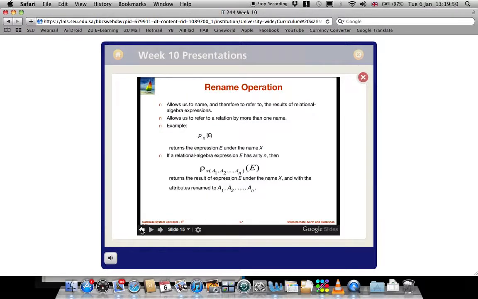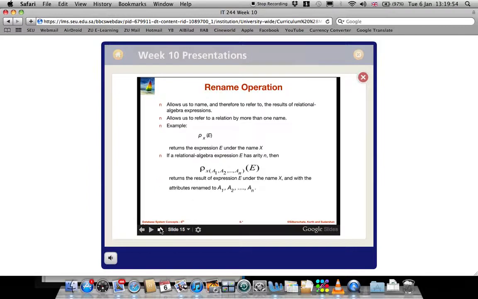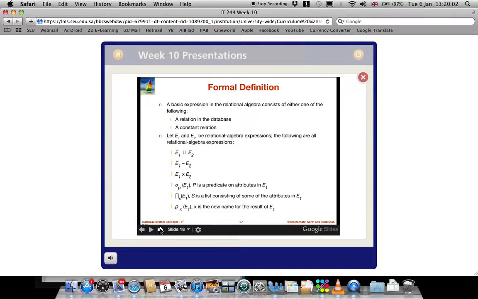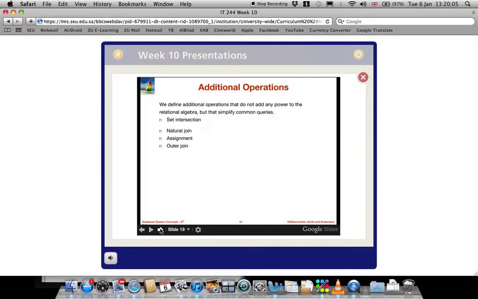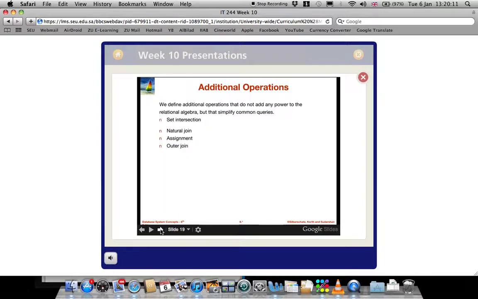Don't worry about the rename operation or composition. You don't need to worry about this slide. This is just definitions, so it's okay.